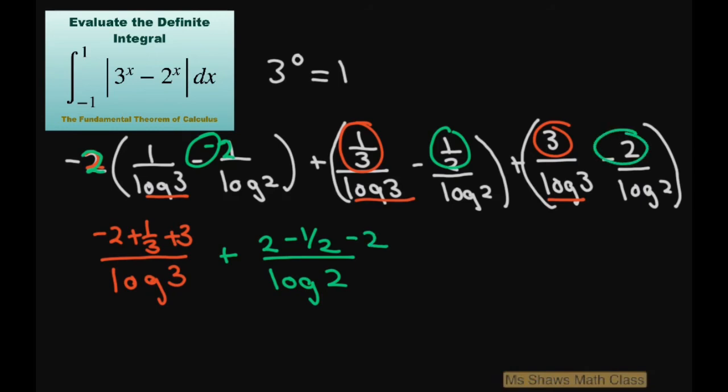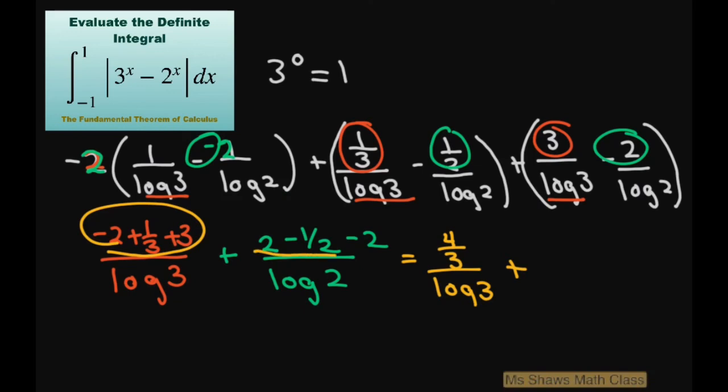All right, this is going to give you equals, let's see, this right here is going to just be 4/3 divided by log of 3, plus, this right here is just the 2's cancel, so you have negative 1/2 divided by log of 2.